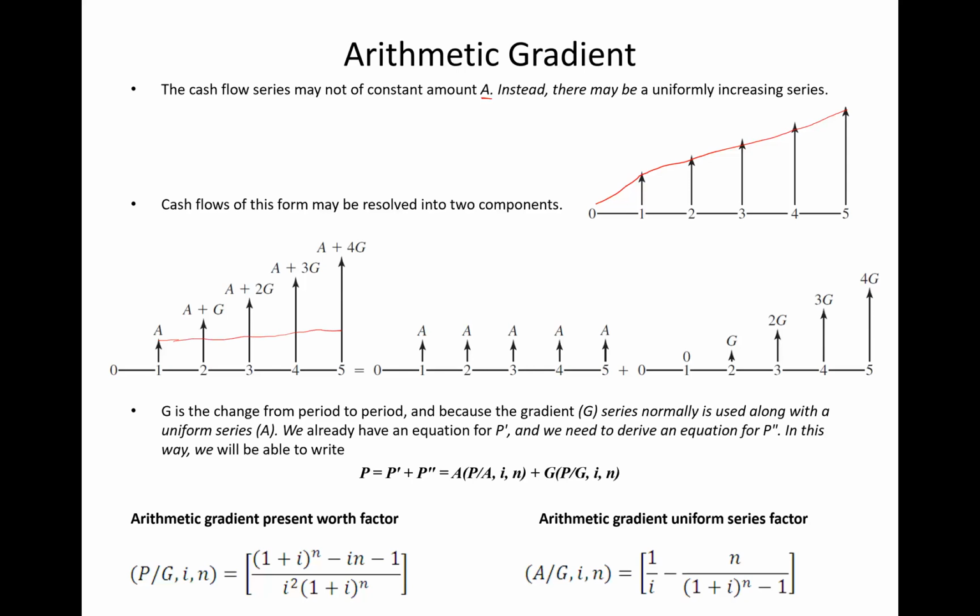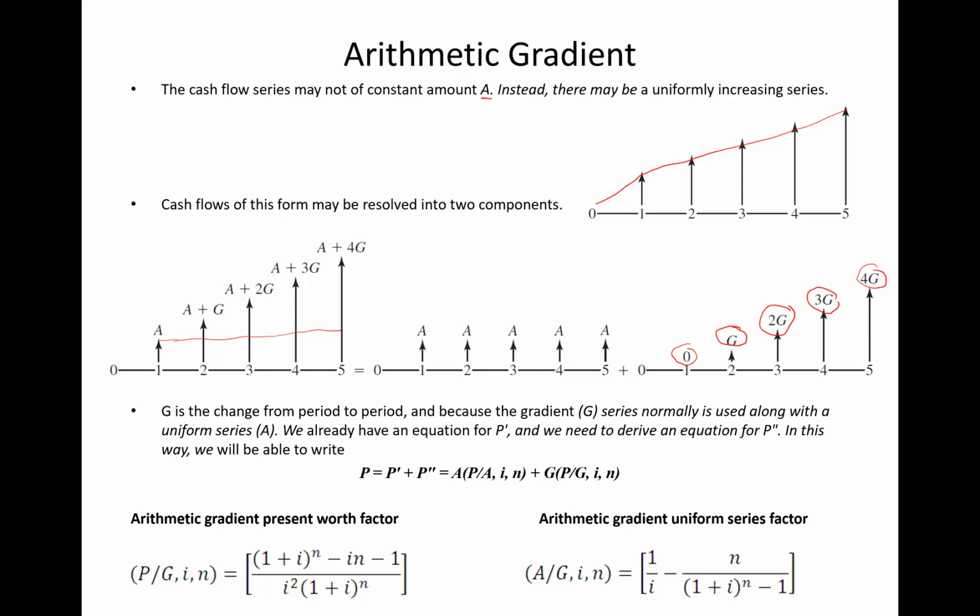When we subtract A from A we get 0, so that's why we have 0 here. After that, A plus G, we subtract A, we get G. After that, A plus 2G, we subtract A, so we get 2G. After that, A plus 3G, we subtract A, we get 3G, and the last one we get 4G.